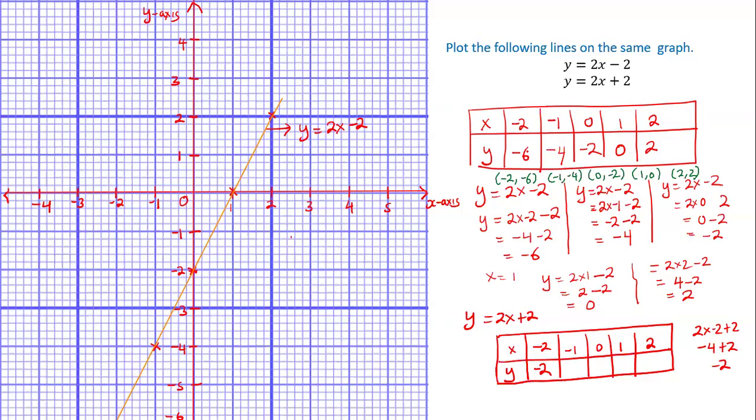Teddy? J? For -1, 0. Okay, for -1, you have 0. Good.